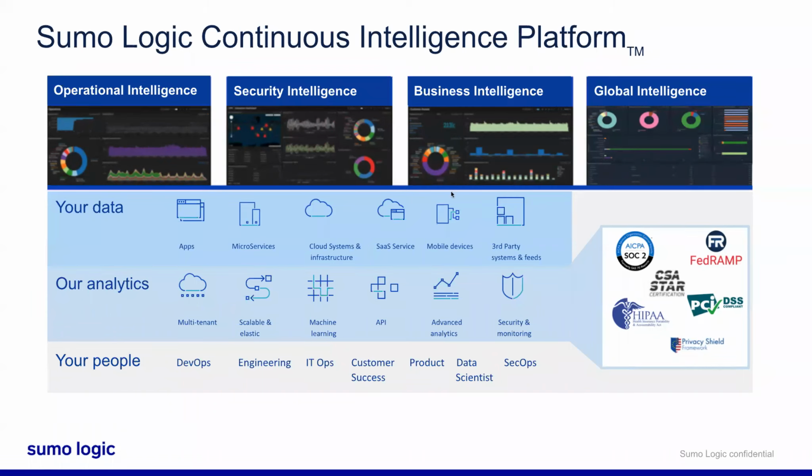In the middle here with your data, what we're really stressing is your data is going to come from a variety of different places. You may have data that's being generated by your apps, by your microservices, by your cloud systems, by your SaaS service, etc. And all these different systems are generating potentially large amounts of data, and Sumo can help you with that data.